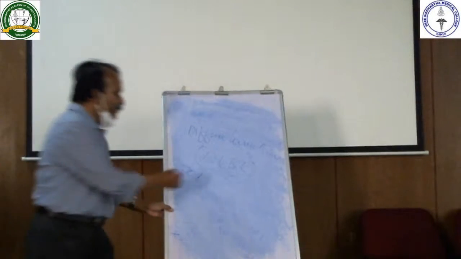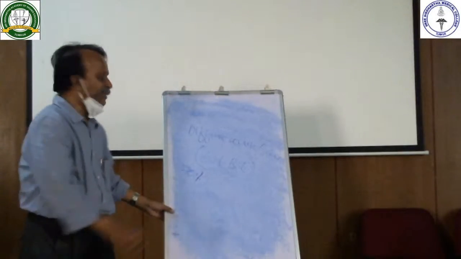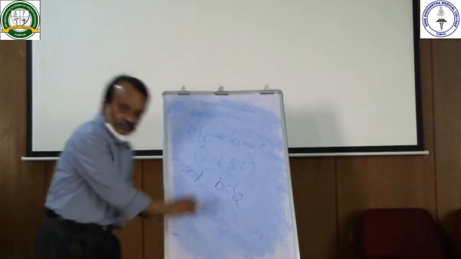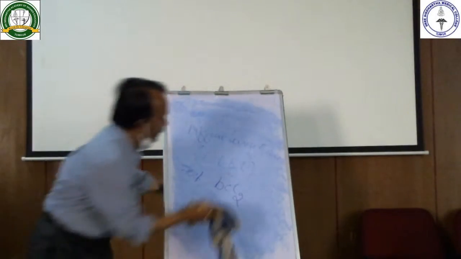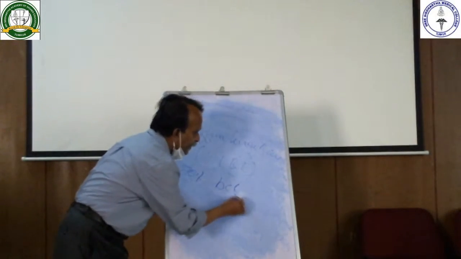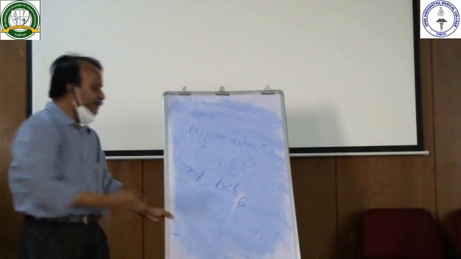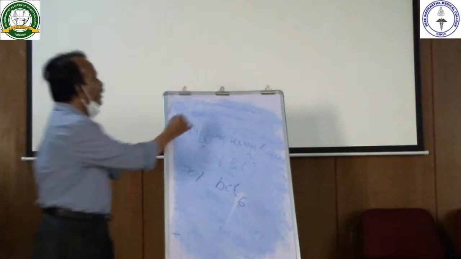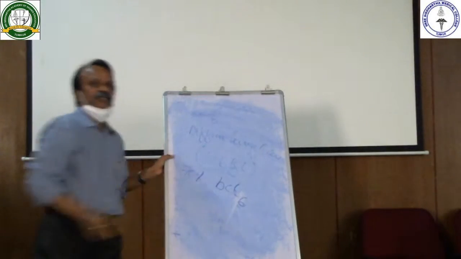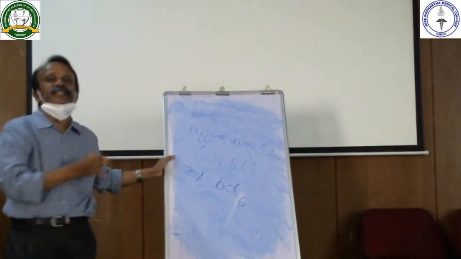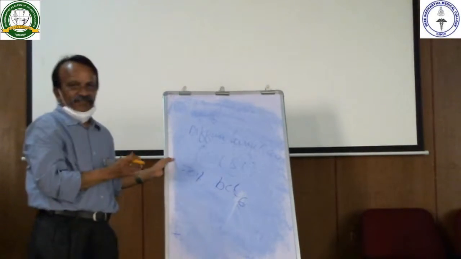And here, this is usually associated with Bcl6. It is the diffuse type, Bcl6 is the association, and this is more commonly seen in males. So increased incidence of diffuse large B-cell lymphoma is seen in males compared to females.